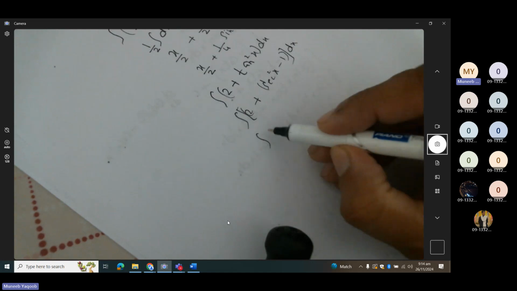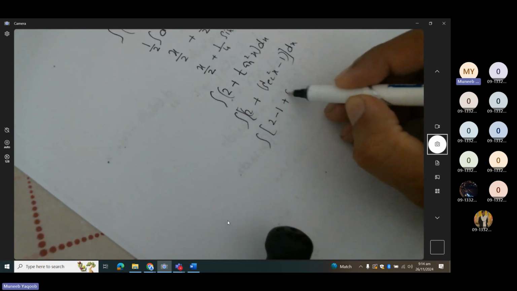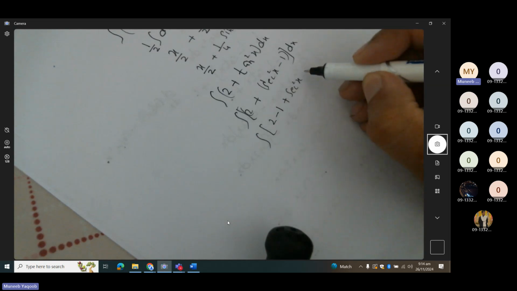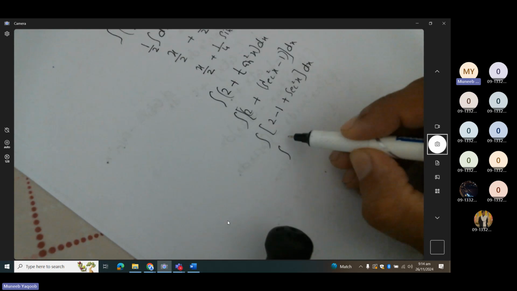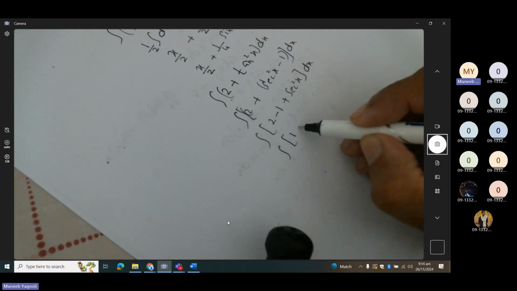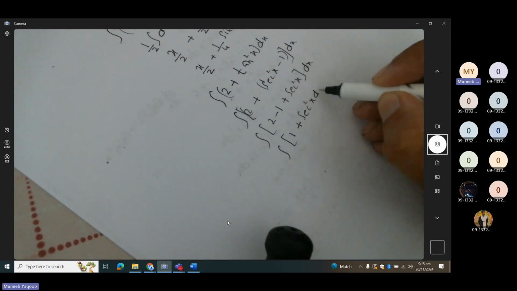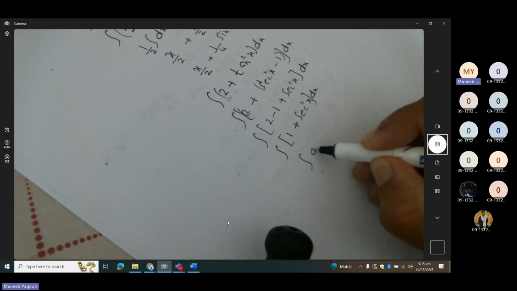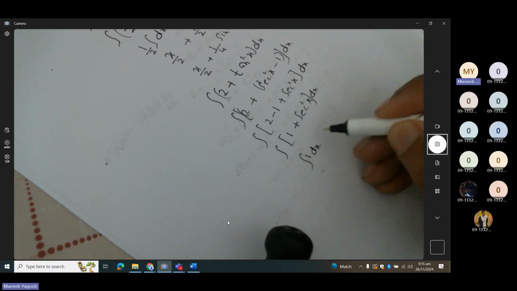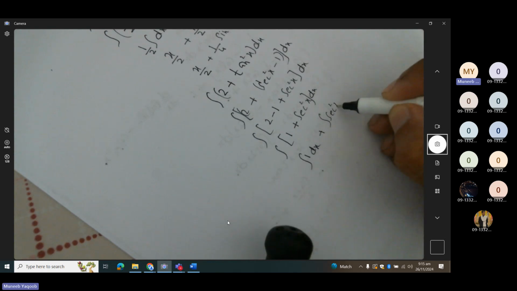Now we will simplify the function. It will become 2 minus 1 plus secant square x dx. 2 minus 1 is 1, so 1 plus secant square x dx. Now we will separate the integral, so it will become integral 1 dx plus integral of secant square x dx.